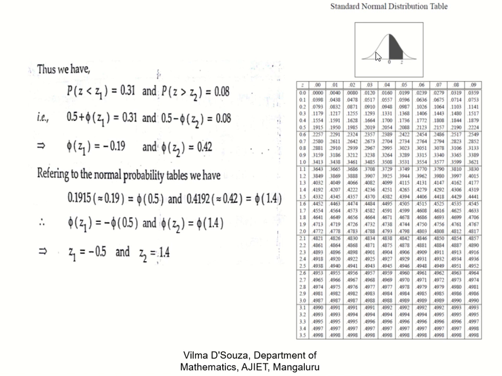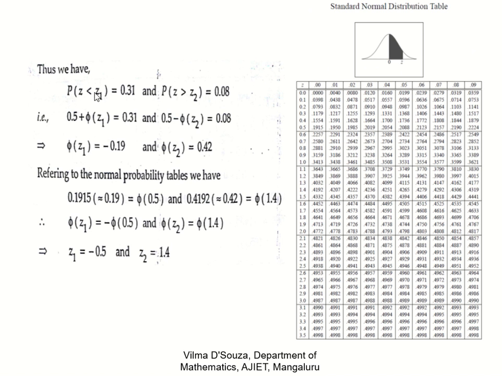Now, the probability of z greater than z2 is 0.08. Greater than z2, so z2 will be positive. Somewhere you have z2 here. So z1 is negative, z2 is positive.